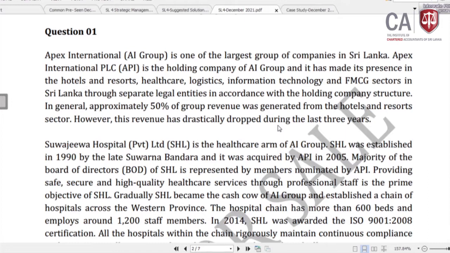Apex International PLC is the holding company of AI Group, and it has made its presence in the hotel and resort, healthcare, logistics, information technology and FMCG sectors in Sri Lanka through separate legal entities in accordance with the holding company structure. Now, look at that introductory sentence given.